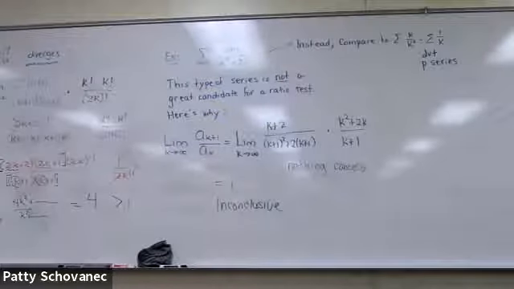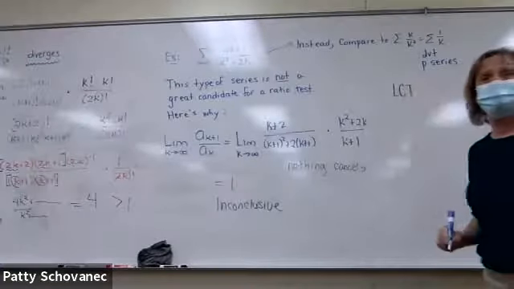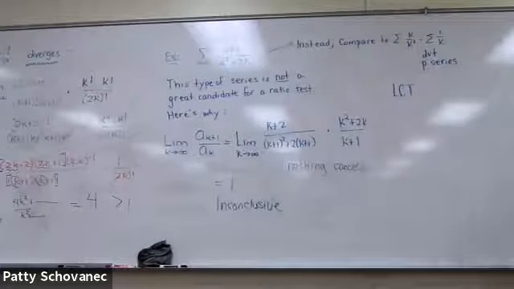I'm going to do the limit comparison test, where I take the limit of my given series to my comparison series, and if I get a positive finite limit, the conclusion is they both do the same thing.